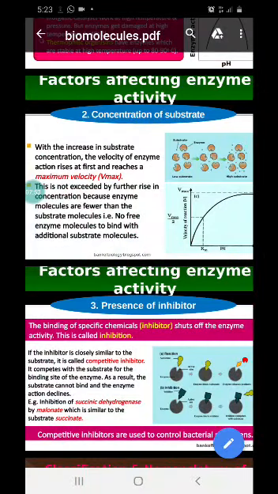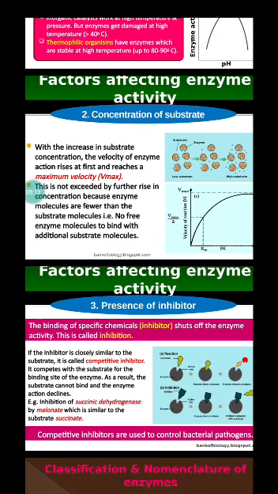Next is another very important and interesting thing: how the enzyme activity changes in the presence of an inhibitor. Now you know about the lock and key mechanism of the enzymes, right? In our body there are some substances which mimic the shape of the substrate.